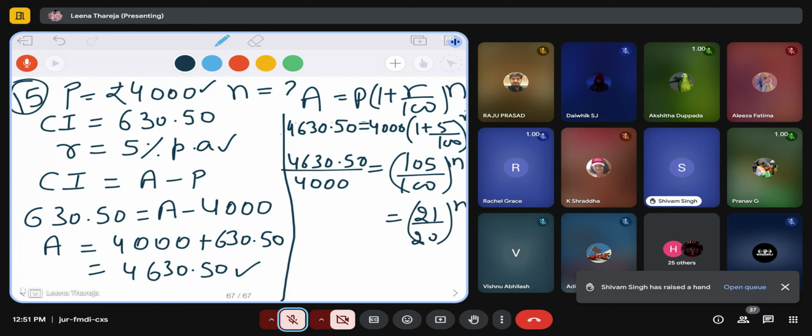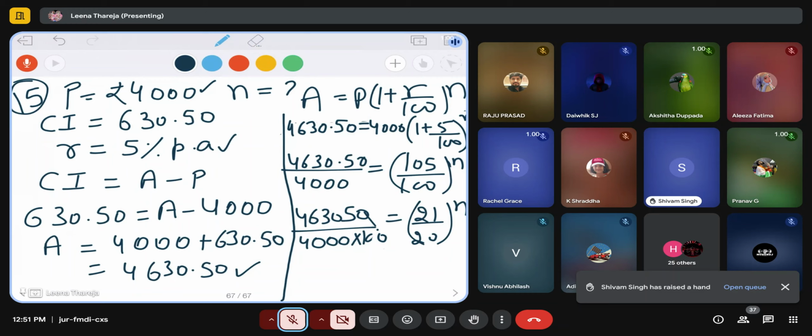Now the only thing is you need to do the cancellation properly. If you remove this decimal, you will again get the denominator as 100. So 463050 divided by 4,000 into 100. Again I am going to cancel by 10. Now we get 40,000 in the denominator.